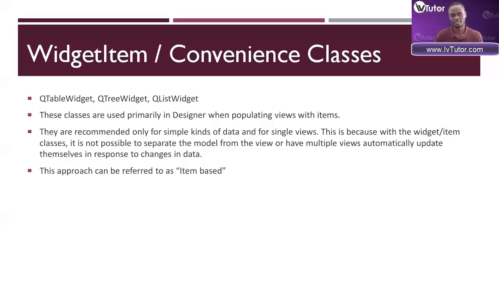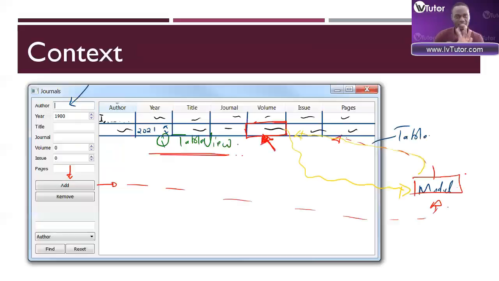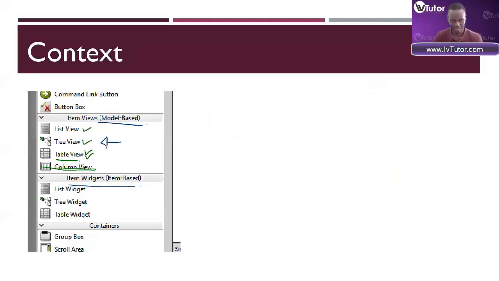Now, when we started, we talked about two options when you're building your user interface. I said you can drag your item from here, or you can drag it from here. Eventually, it will look the same, but the way it works is not the same. Item widgets sort of combine the functionality of the model and the view into one item.